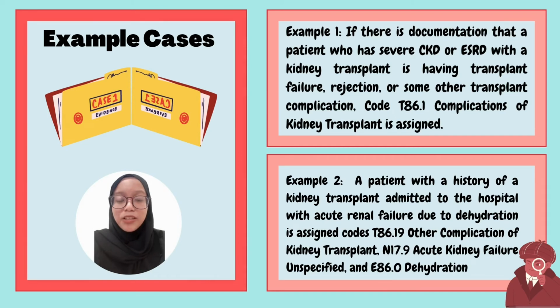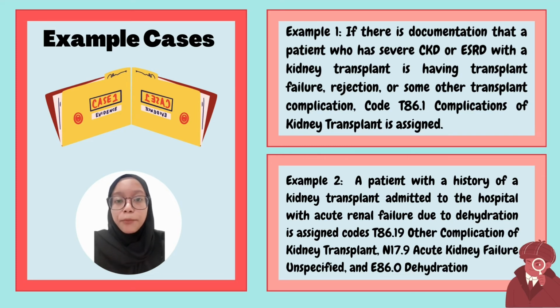Here are example cases for the second guideline. For example 1, if there is documentation that a patient who has severe CKD or ESRD with a kidney transplant is having transplant failure, rejection, or some other transplant complication, code T86.1, complication of kidney transplant, is assigned.